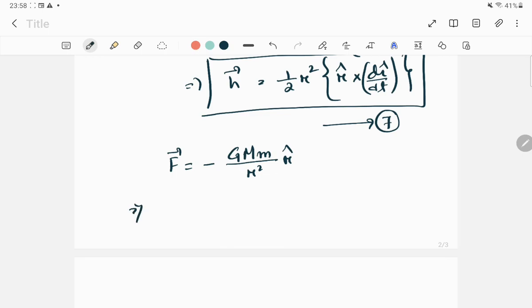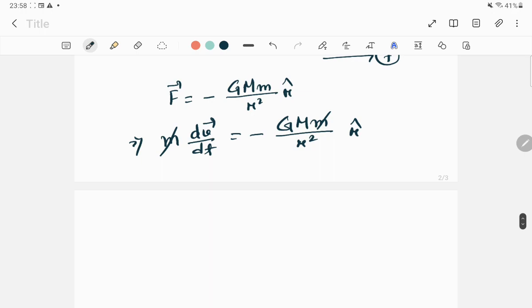From that we have mass into acceleration, meaning m dv by dt, equal to that. So m gets cancelled, and we are simply left with dv by dt equal to minus G capital M by r square r cap.